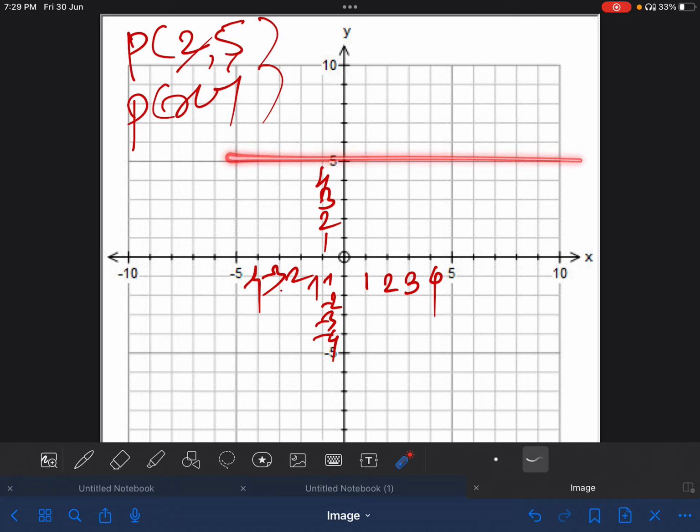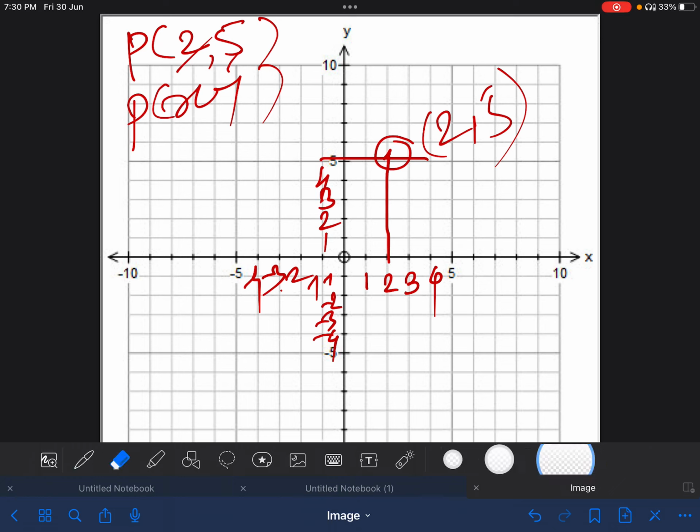So draw this line like this and the second line like this. If you observe the intersecting point, suppose 2, if you extend it like this, and if you extend 5 from the y-axis like this, your point is here. So this point we call 2 and 5.